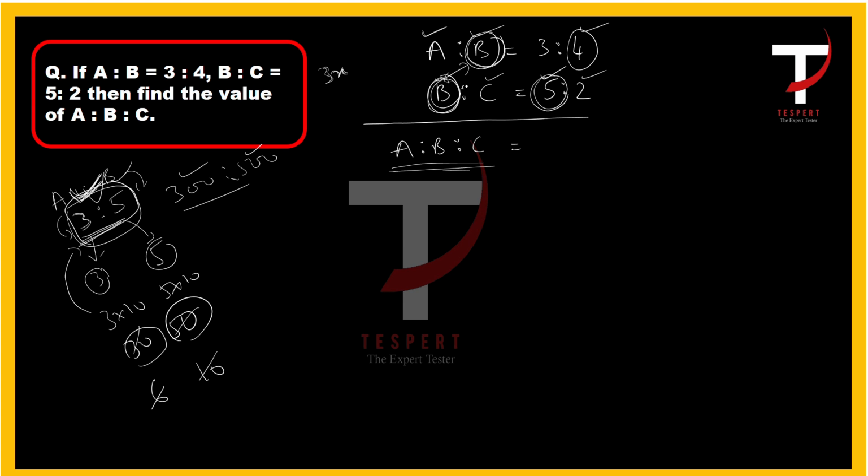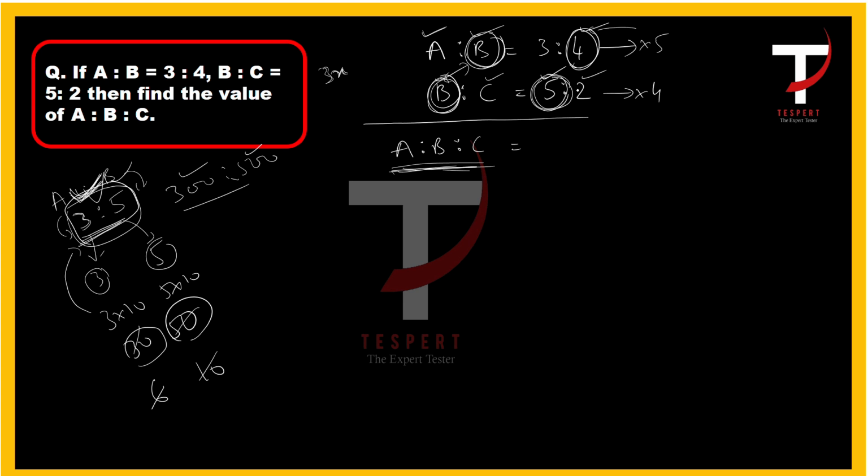So we must equalize this. How can we equalize this? Unless we equalize this, we cannot calculate the ratio of all the values. So do one thing. Here we have two approaches. We can multiply this 5 with this ratio, and we can multiply this 4 with the second ratio.